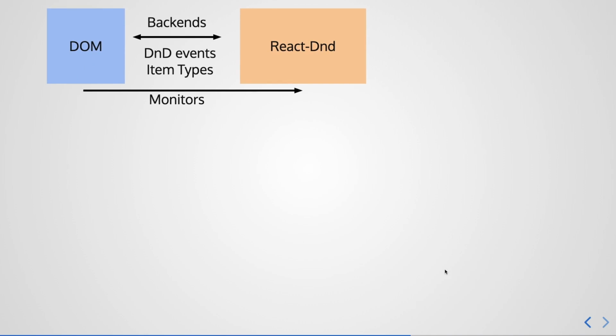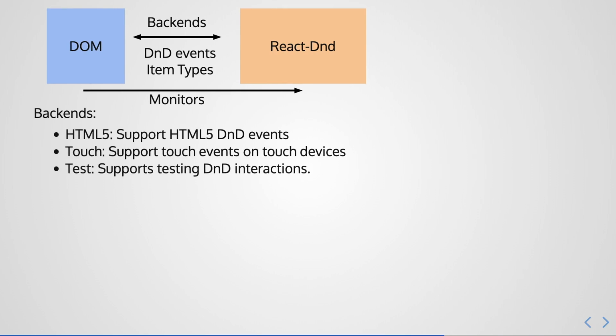So I want to zoom into what happens between React-dnd and the DOM. I want to talk a bit about what the backends are. There are 3 different backends at the moment. And the concept of having a backend is really, really powerful, because you can write your own implementation of a backend if you want to have a different kind of support for interaction between React-dnd and the DOM events.